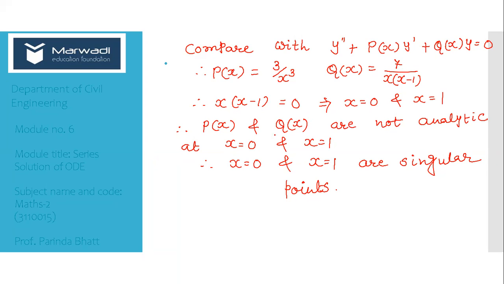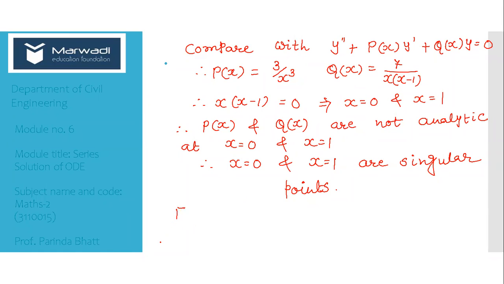Therefore, when you enter the value 0 or 1 in P of x and Q of x, both the term values convert into infinity, that means not analytic, and therefore these 2 points are the singular points. Clear?